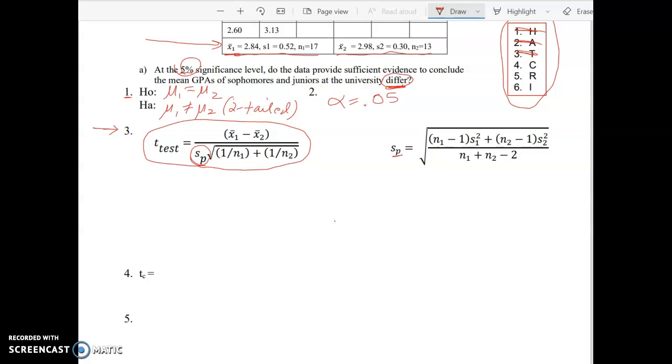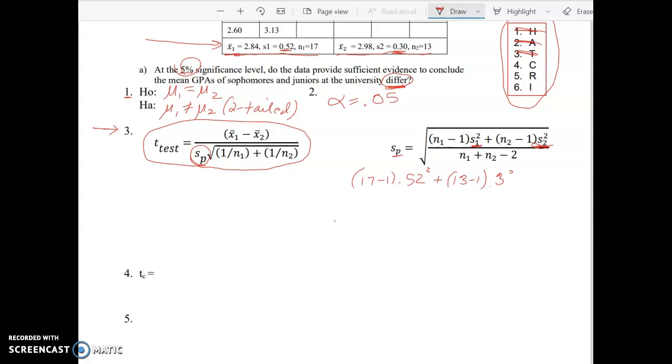We have n1 minus 1, so n1 is 17. So we're going to get 17 minus 1 times the standard deviation for number 1 squared. The standard deviation is up there, that's 0.52, and that number is going to have to be squared. And then we add to that sample size number 2, which is 13 minus 1, times the standard deviation for number 2, which is up here, 0.3.